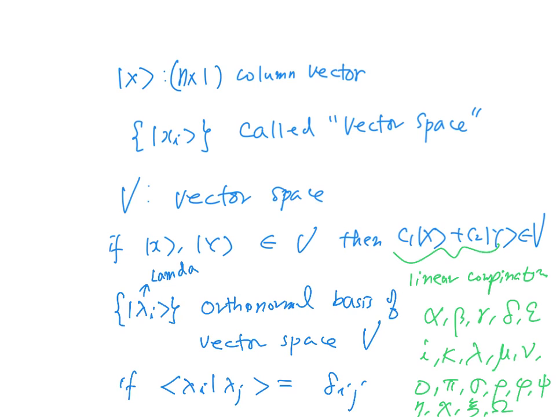Epsilon, tau, 2 more, zeta, 1 more. Okay, that's good enough. So we are going to use some of those letters.